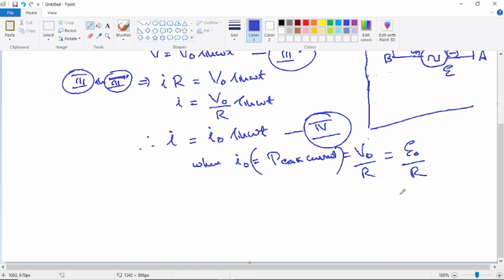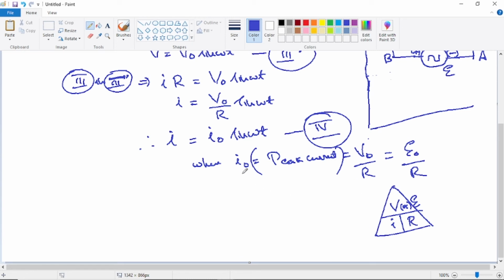Ohm's law is remembered from the magic triangle of V, I, R. Potential difference V is equal to current into resistance, or current is equal to V divided by R. For a closed circuit, in place of potential difference, EMF can be taken, and in place of resistance, the total resistance R total is taken. So Ohm's law is given by EMF divided by total resistance of the circuit.